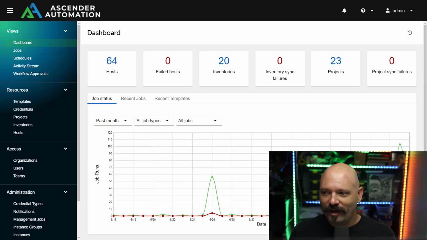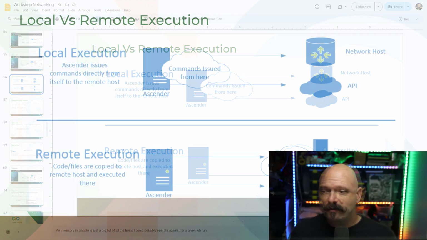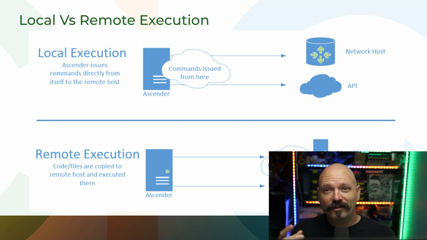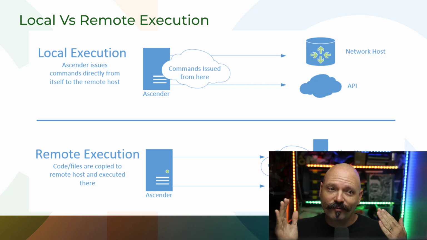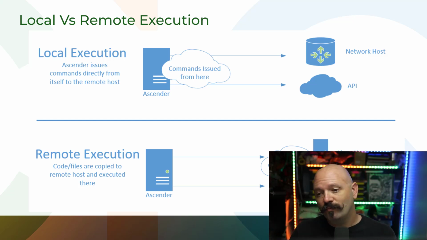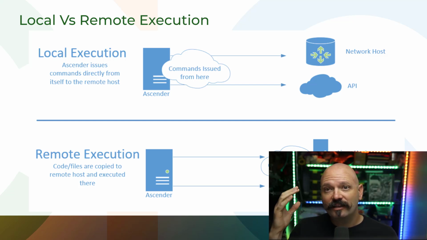So I'm going to start by looking at my screen over here. That's my Ascender. We're going to get to that in just a second. There are a couple of execution types inside of Ansible. You've got local and you've got remote, right? Traditionally what we're accustomed to is remote execution, and that's going to be going against your Linux host, your Windows host, things like that.